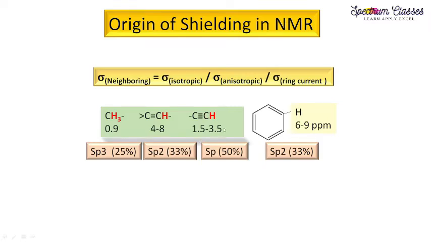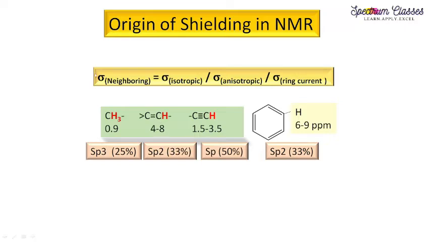So how are we going to explain this? Something is there on which basis we can explain. Here we again have a different chemical shift value range. It cannot be explained on the basis of s character only or electron withdrawing effect. Something needs to be understood.